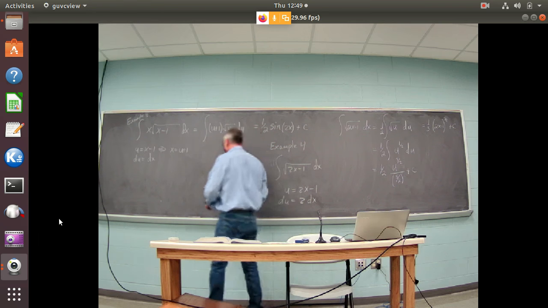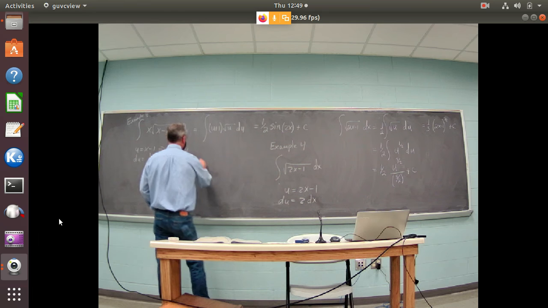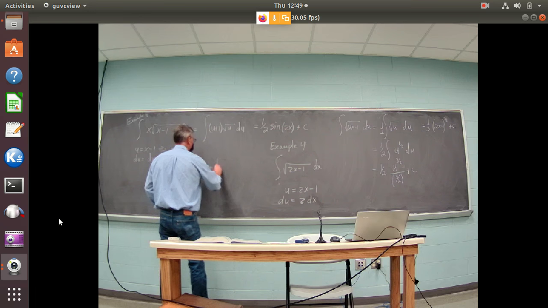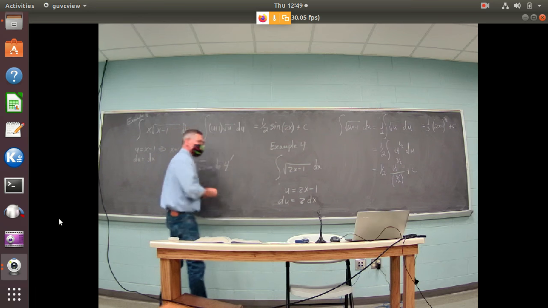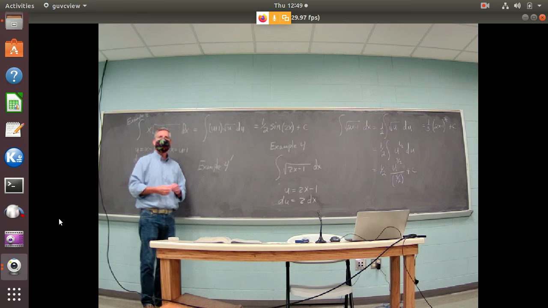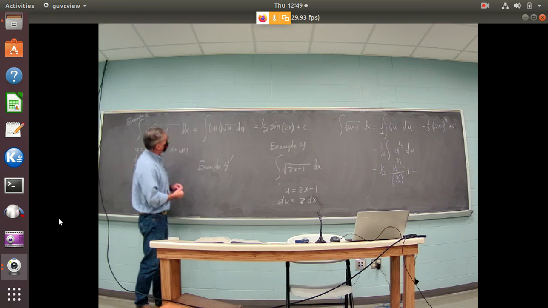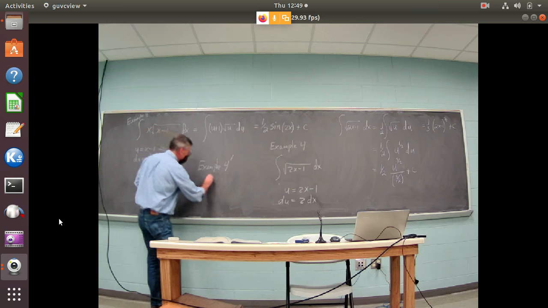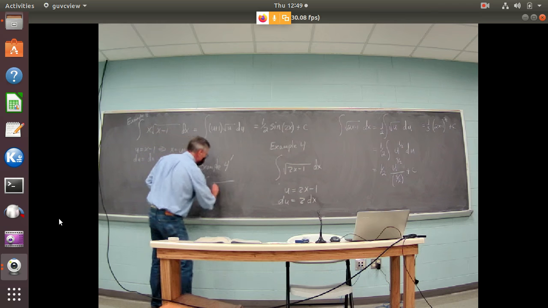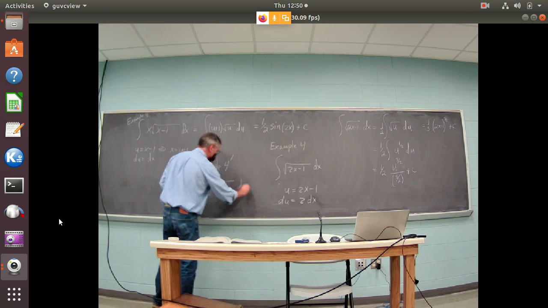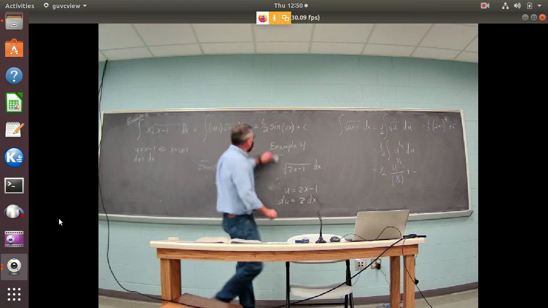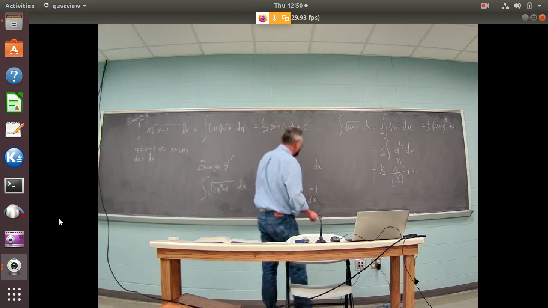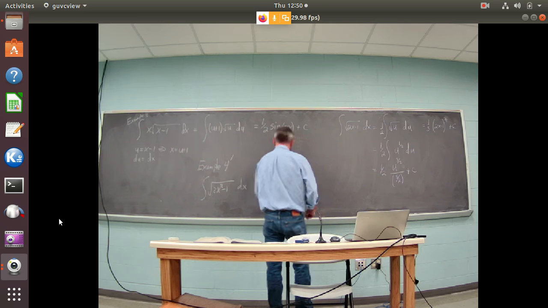Okay, now, on the other hand, here's sort of an example 4 prime, kind of like a derivative problem. If I had 2x squared minus 1 dx, at least with this sort of substitution, we're stuck.